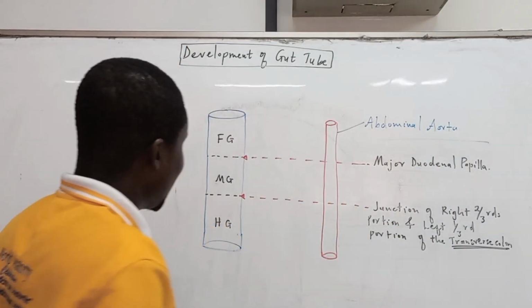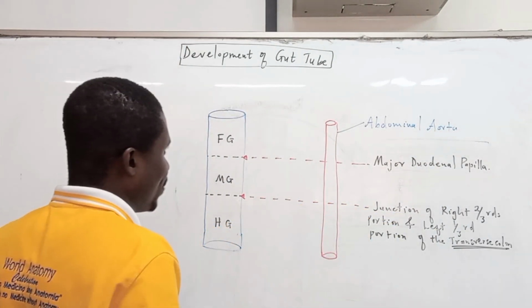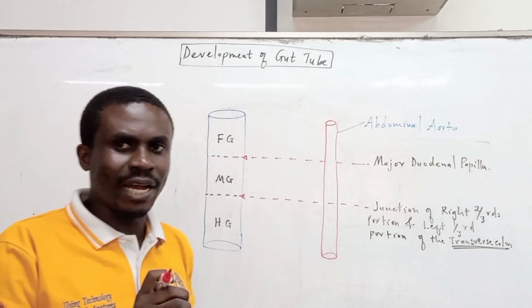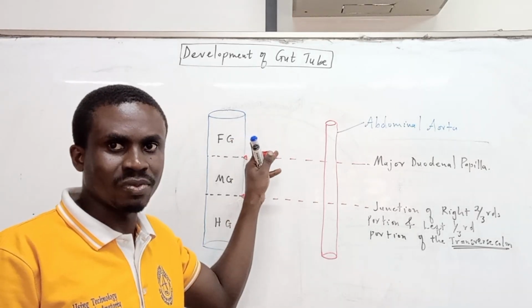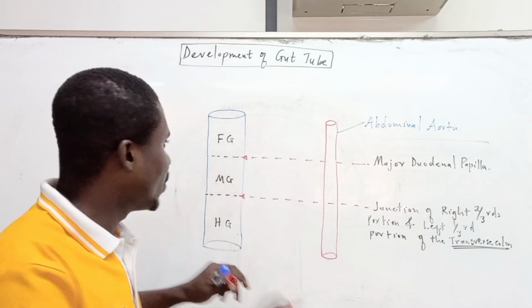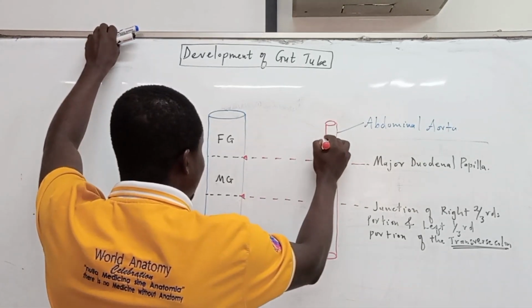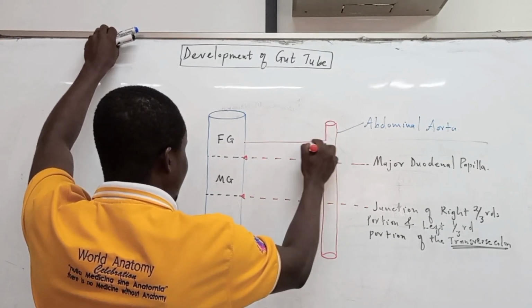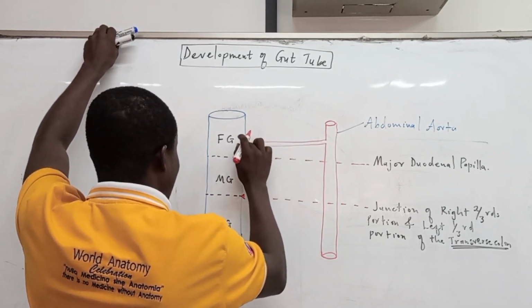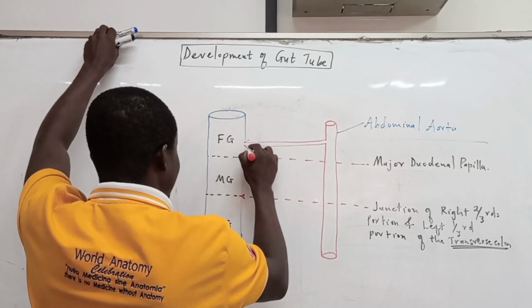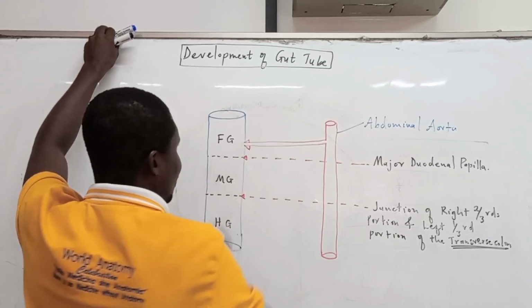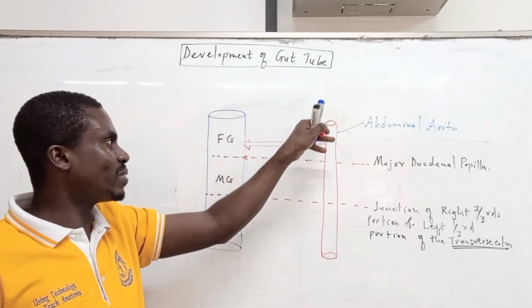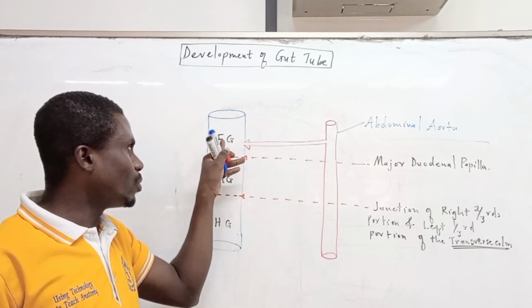And my friends, the blood vessel, a branch of this aorta, which supplies the foregut and foregut only, is this guy over here. Let me put it this way. Coming in here. So the blood will be flowing from this aorta through this guy to the foregut.